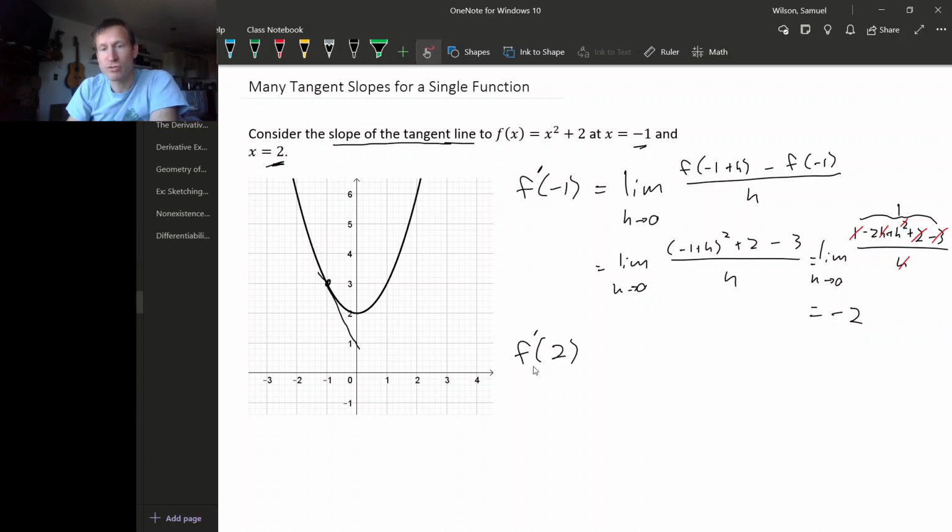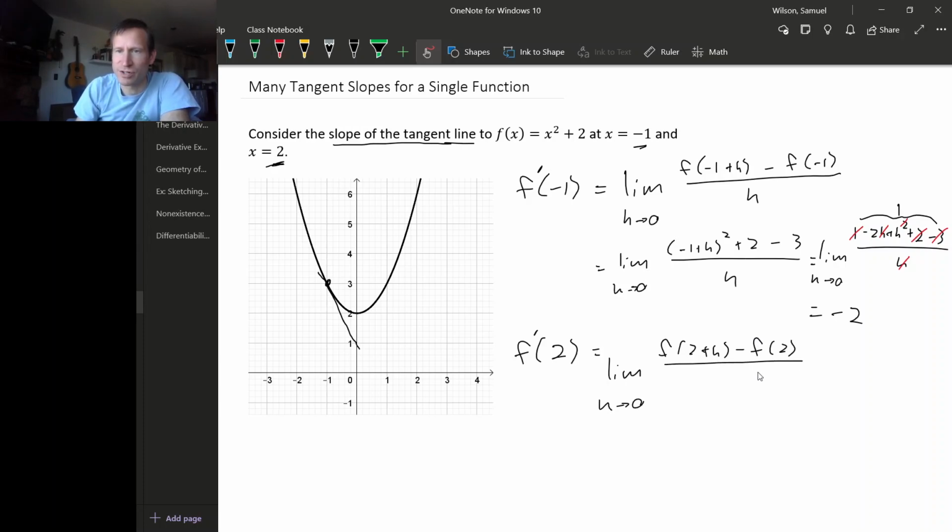All right, for the derivative at 2, let me move down a little. This is the limit as h goes to 0 of f of 2 plus h minus f of 2 over h. So the limit as h goes to 0 of, let's see, f of 2 plus h.